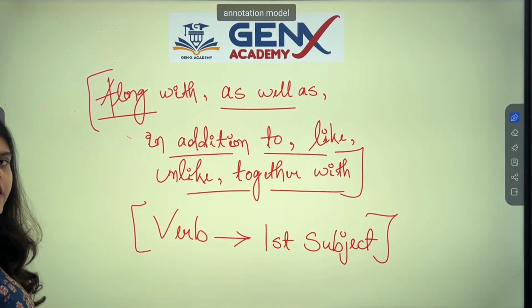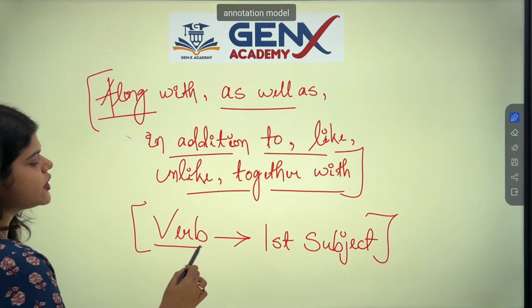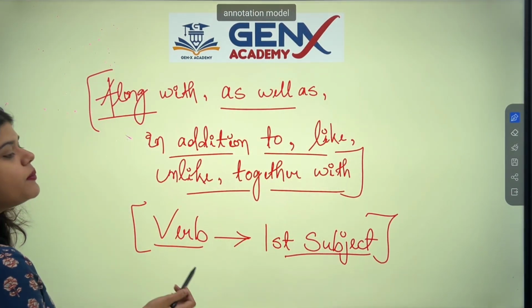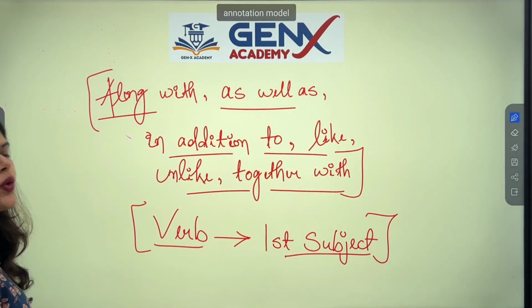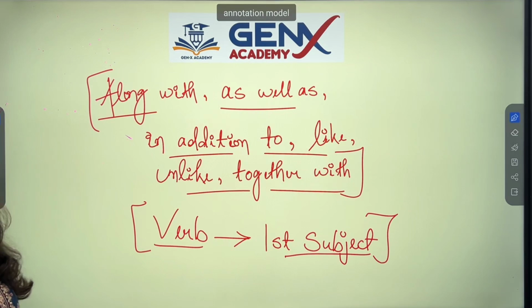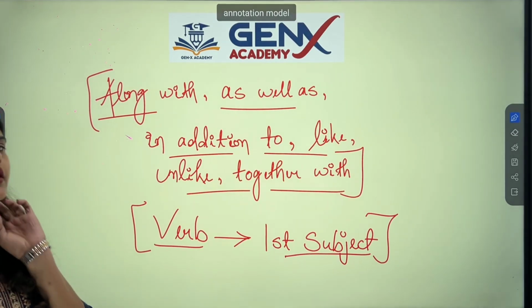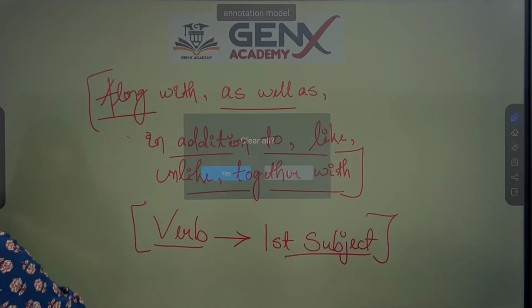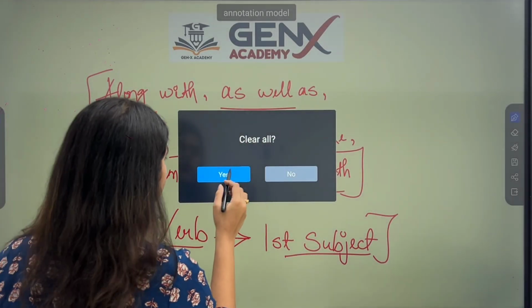If the first subject is singular, the verb is singular. If the first subject is plural, then the verb will also be in the plural form. You can take a note of all these words. So, let's move on to the next exception.